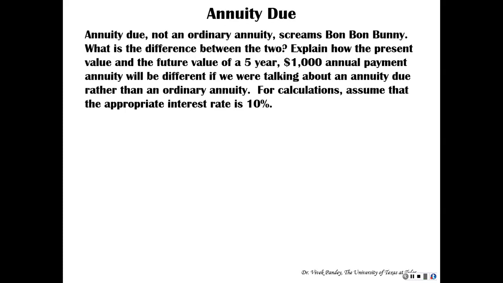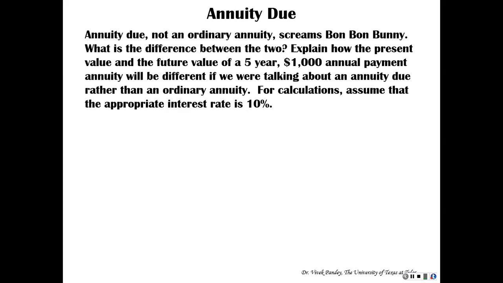But going back to annuity, typically in an annuity, we actually have payments that occur at the end of each period. And if payments occur at the beginning of each period, then it becomes an annuity due, right? So annuity due, not an ordinary annuity.